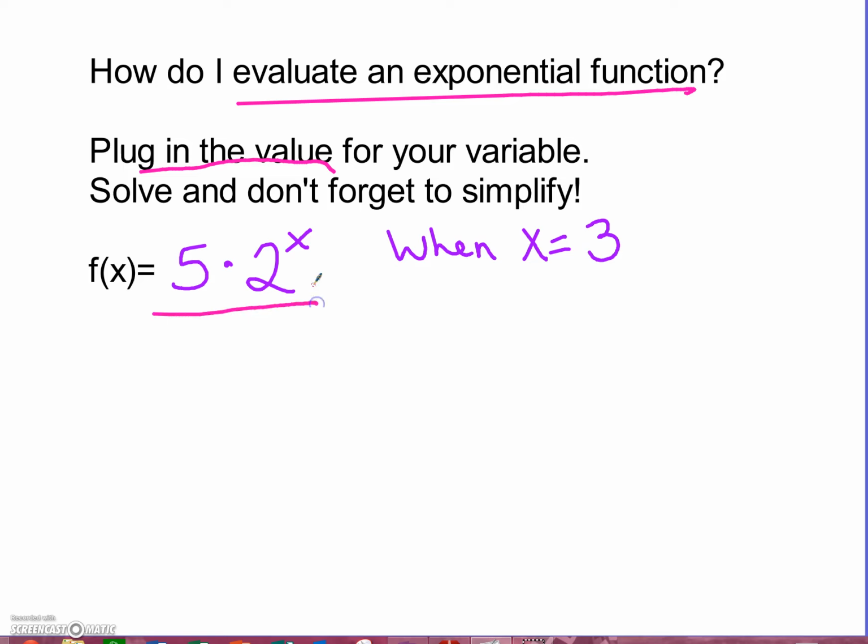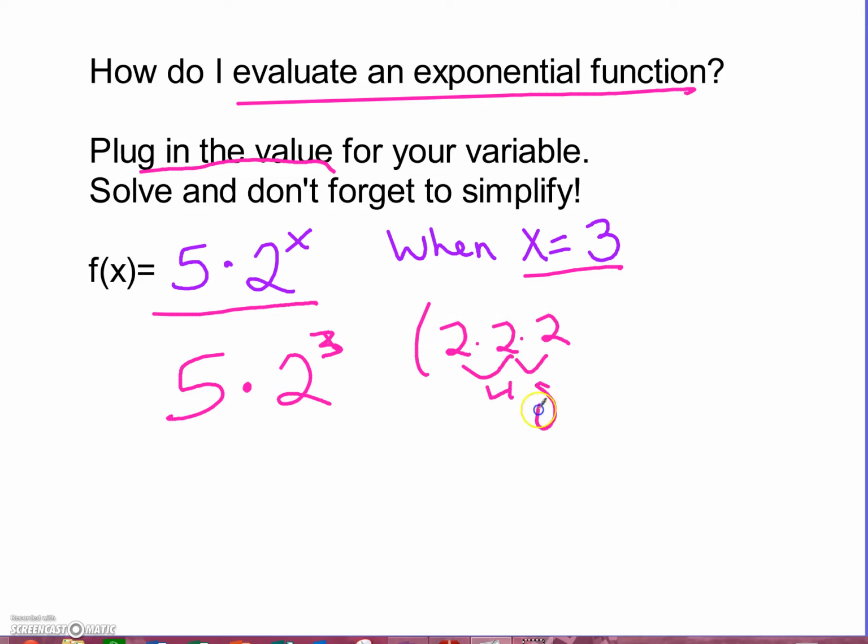If my equation is the function of 5 times 2 to the x power, and let's say x is 3, all I have to do is plug in 3 for x. So 2 to the third power, remember, is the same thing as 2 times 2 times 2. So this is 4 times 2 is 8. So then we get 5 times 8 equals 40.